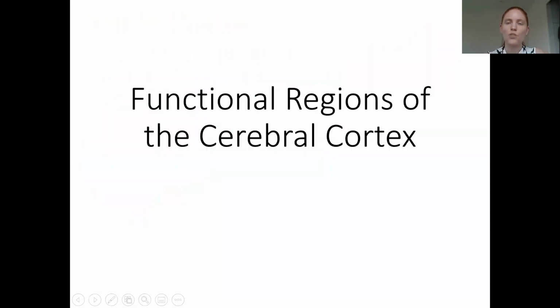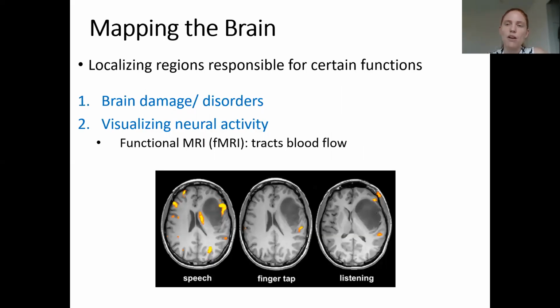Now, within the cerebral cortex, they found that there are particular regions that are responsible for particular functions. The way that they were able to do that initially is by looking at brain damage or brain disorders and looking at the pattern of symptoms. So for example, if you look at this picture right here, see this area right there? That area is called Broca's area.